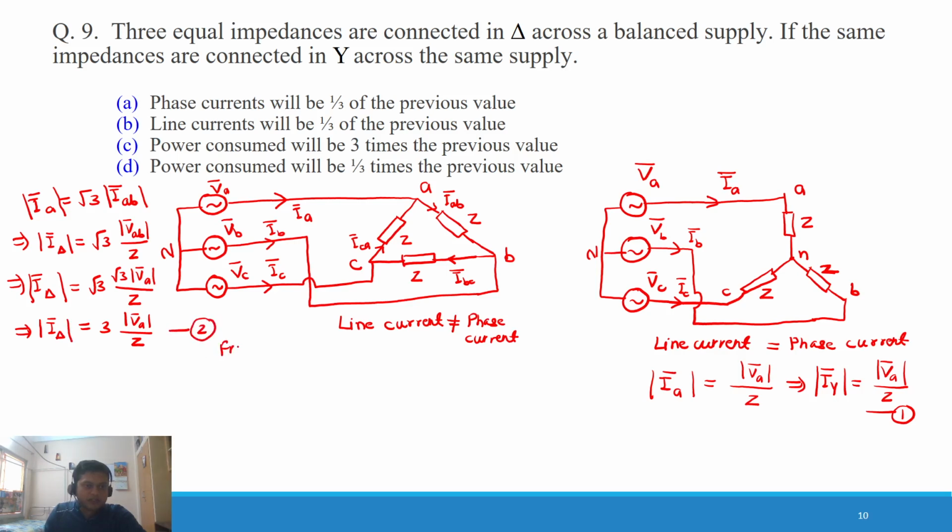From the first and second, we can say that I delta is equal to 3 I star. So if the same impedances are connected in a star across the same supply, then the magnitude of line current will be one third of the previous value. That is the conclusion.